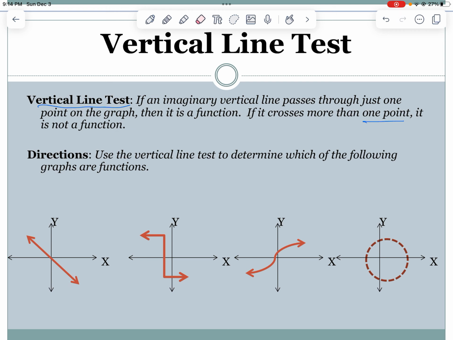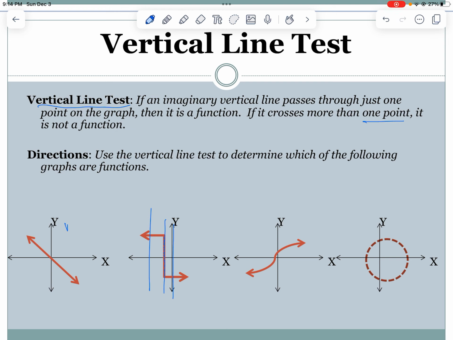So, in the second example, yeah, sure, I can draw it here. It's a function. I can't here, though, because it passes at every single one of those points along that vertical spot. And here I can. So a relation has to pass the vertical line test at every point along its domain, not just at certain points or at one point.